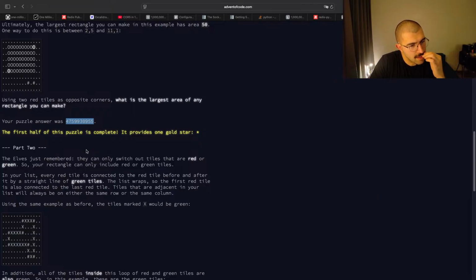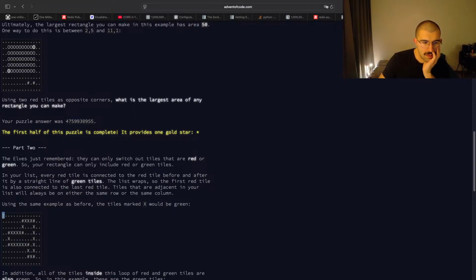All right. The list wraps, so the first red tile is also connected to the last red tile.